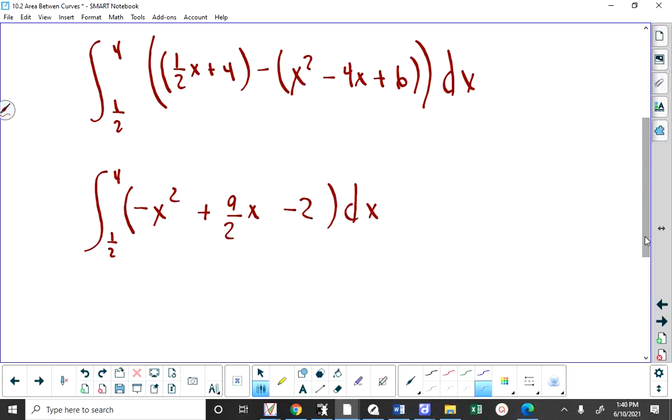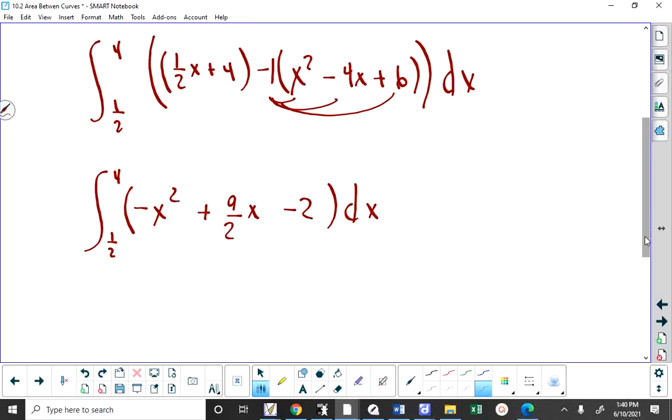Well, let's anti-differentiate that. If you like, I've multiplied negative 1 through here and then simplified the result. 1/2 plus 4 is 9/2, isn't it? Okay.